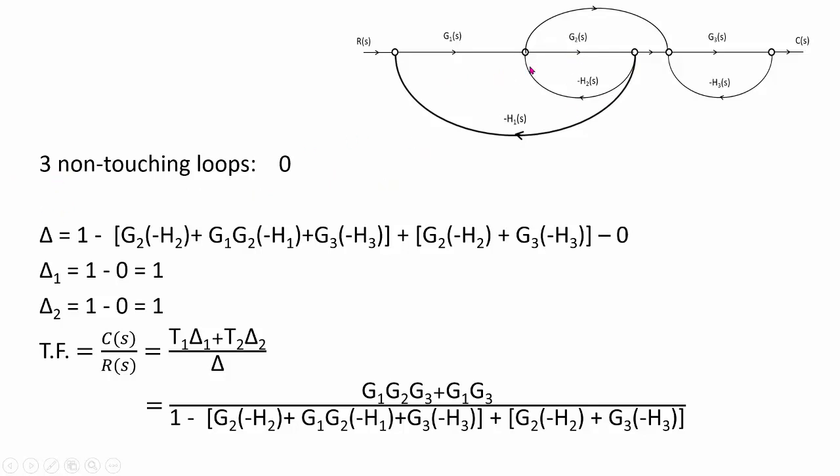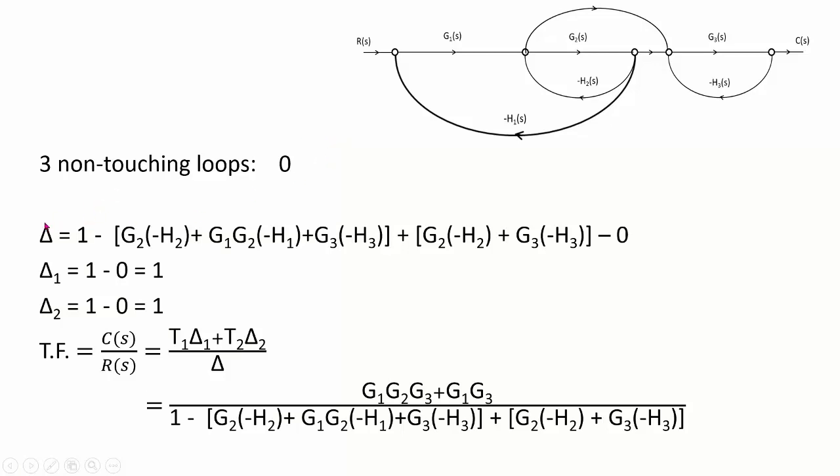There are 3 loops, but 2 of them are touching. Had all the 3 loops been non-touching, then I would be writing the gain for all the 3 loops. But since L1 and L2 are touching, I don't observe any 3 non-touching loops. But there are 2 pairs of 2 non-touching loops.